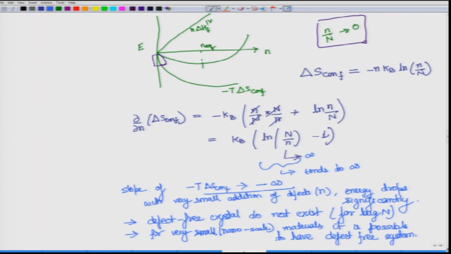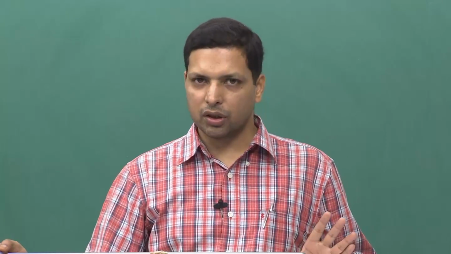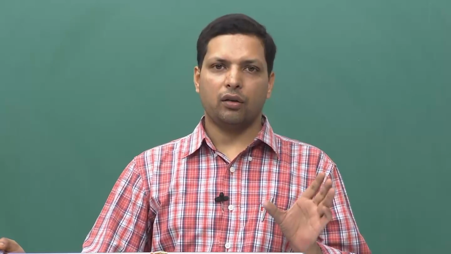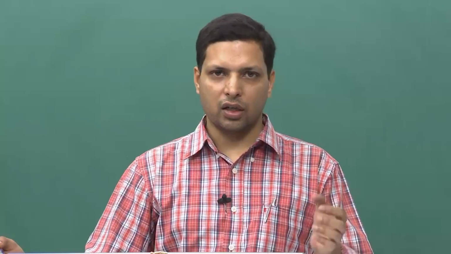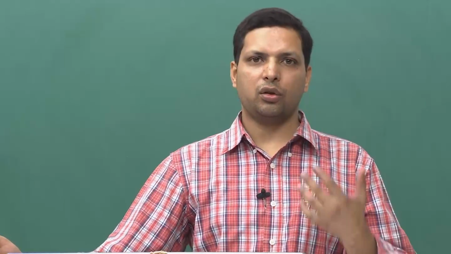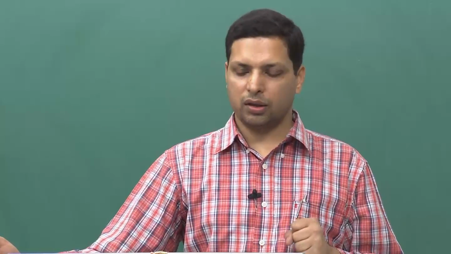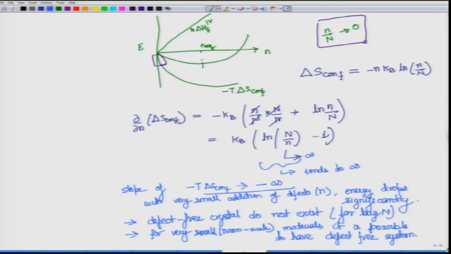Over there we saw that the entropy changes drastically, which means that the minus T delta S, which is the other component of Gibbs free energy, drops very drastically, and when that drops, it implies that your energy changes drastically, meaning that even a small amount of addition of defect will lead to a reduction in energy. So, the system or the component will have a tendency to absorb these defects, and therefore, I have written defect free crystals do not exist.